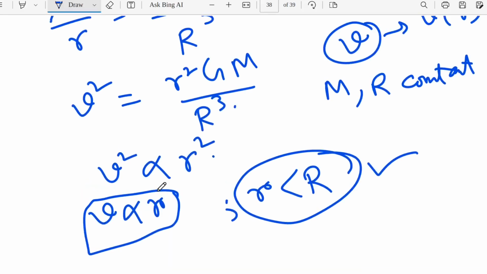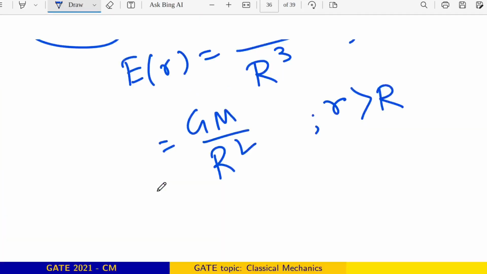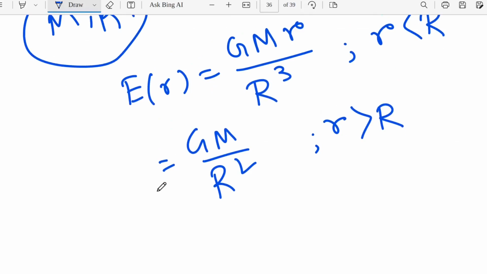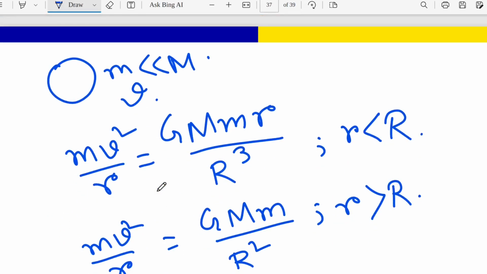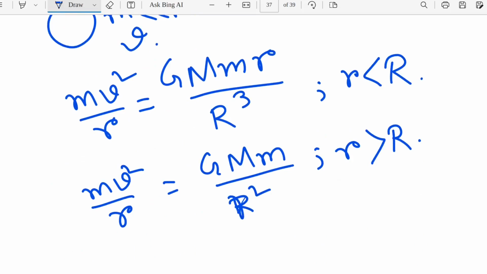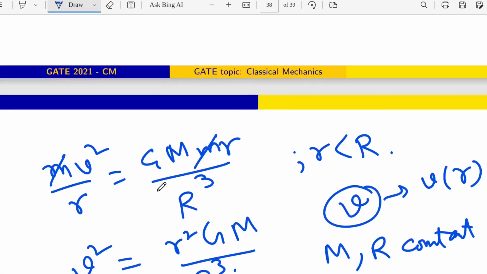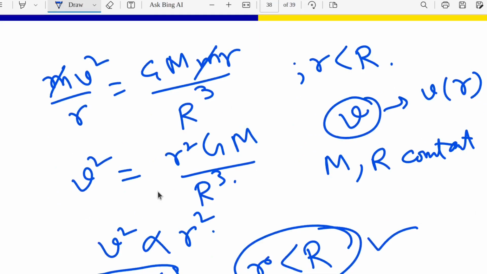Oh, sorry, it is small r square, because this is a function of r, right? So it will not be capital R. So it is small r. Yeah, it's a mistake.